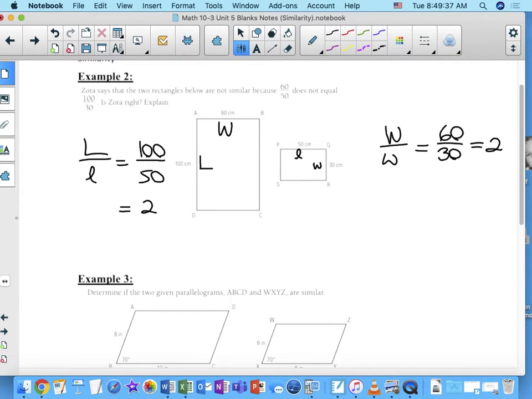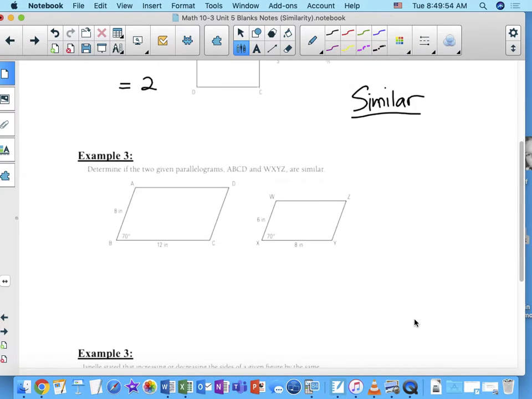So because these 2 proportions are equal, these are similar. Okay? All right, let's look at the next one.